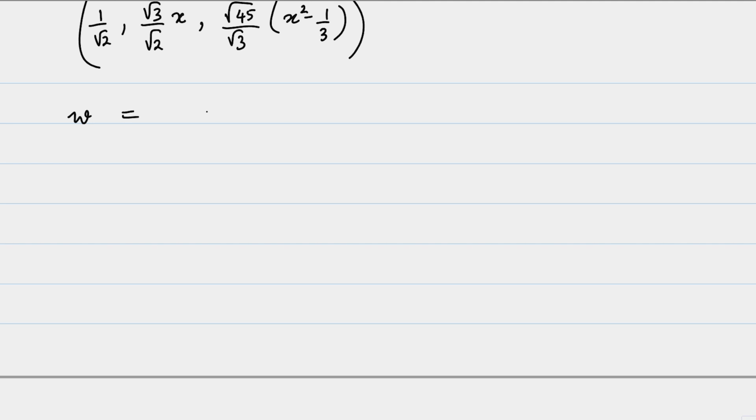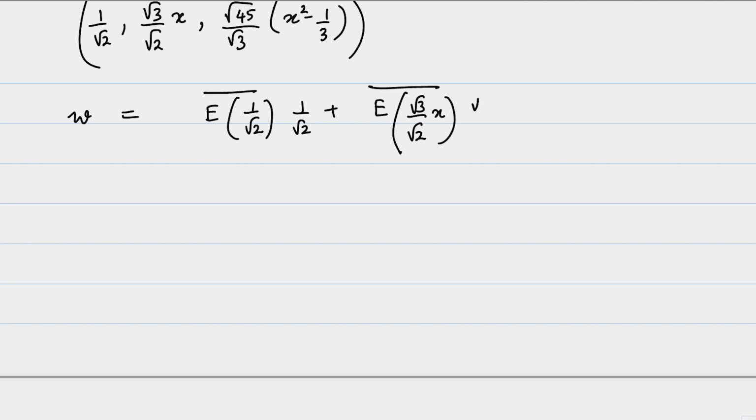W is basically E of 1 by root 2 times 1 by root 2, plus E of root 3 by root 2 x times root 3 by root 2 x, plus E of root 45 by root 8 times x square minus 1 by 3, times root 45 by root 8 times x square minus 1 by 3.